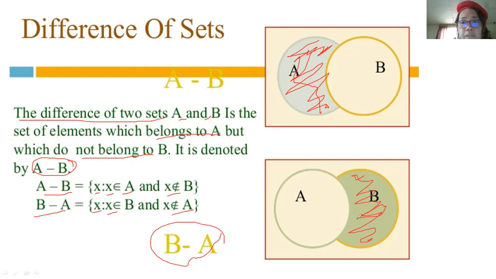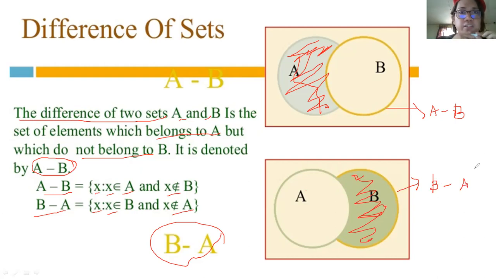So it belongs to B, but does not belong to A. That is what we call B minus A. So this Venn diagram is for A minus B, and this Venn diagram represents B minus A.